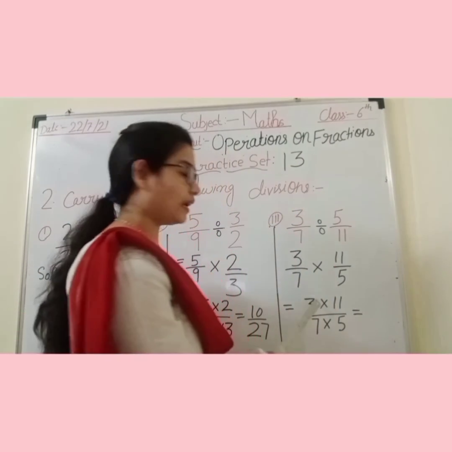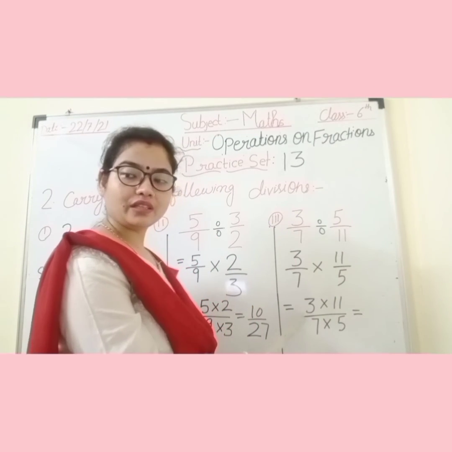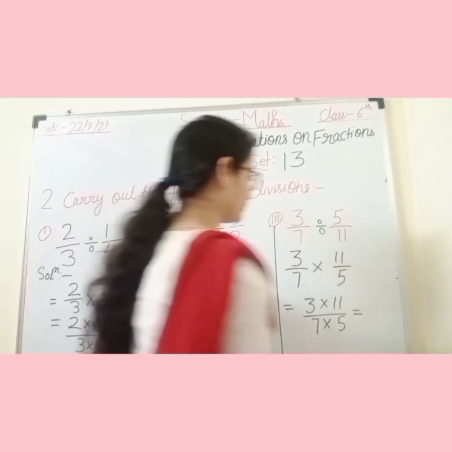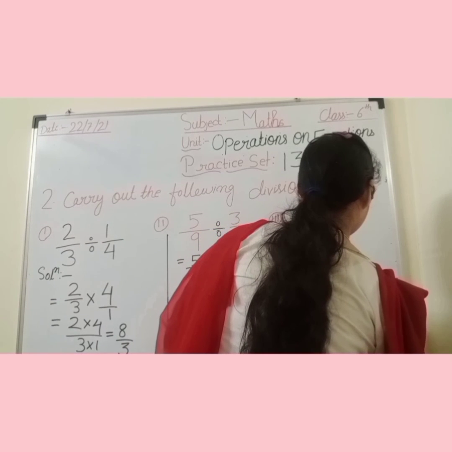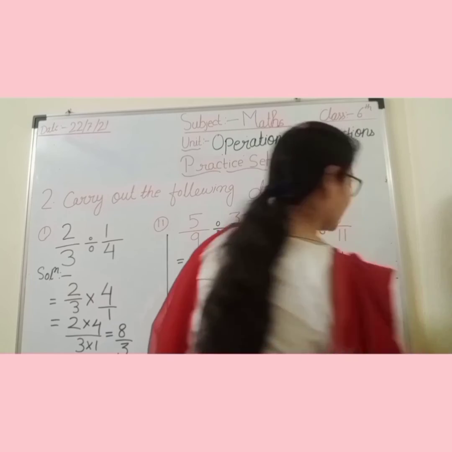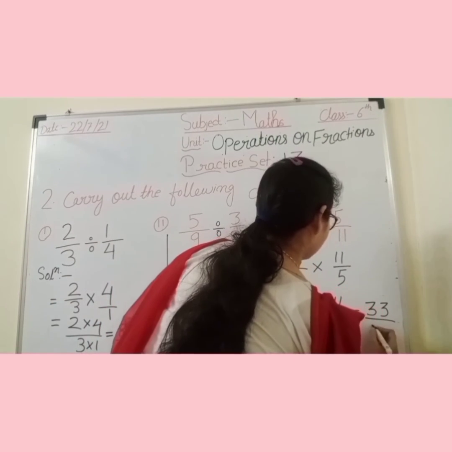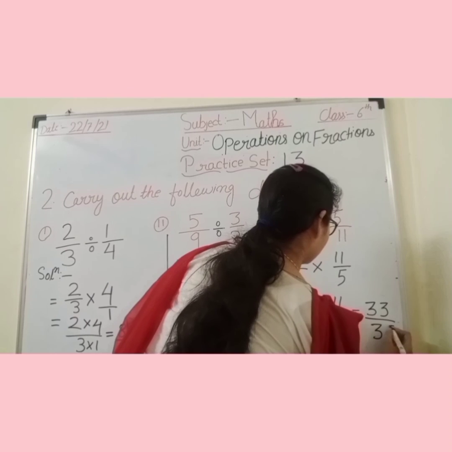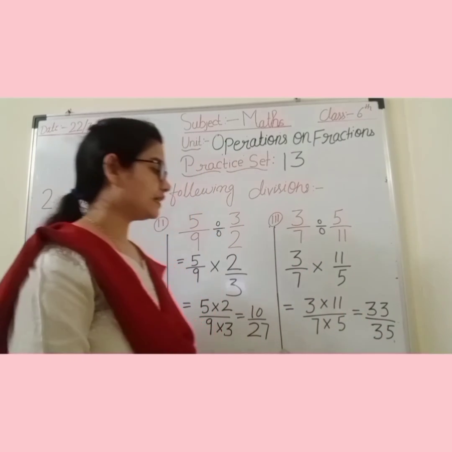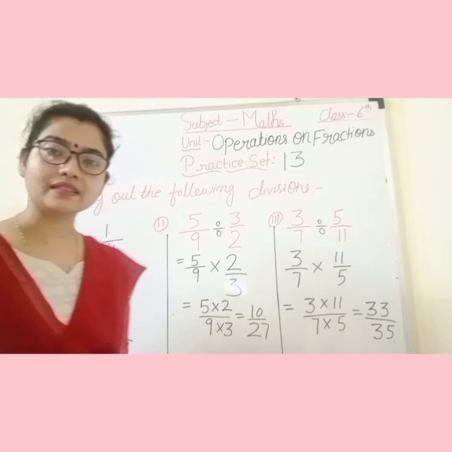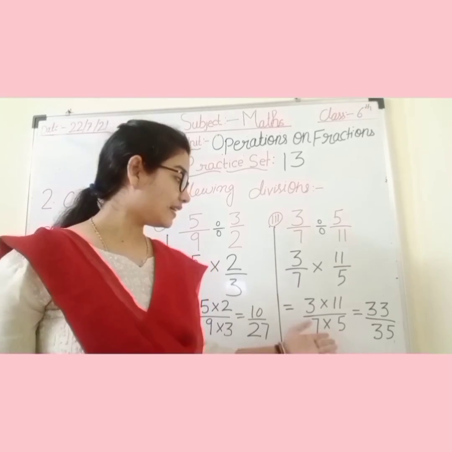So now tell me 11 into 3. 11 threes are 33. And this 7 fives are 35.